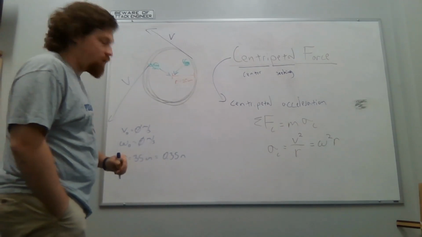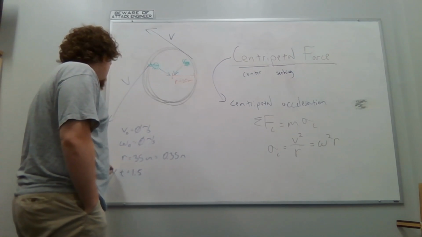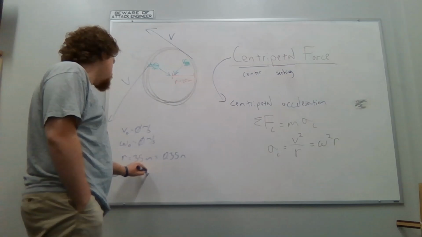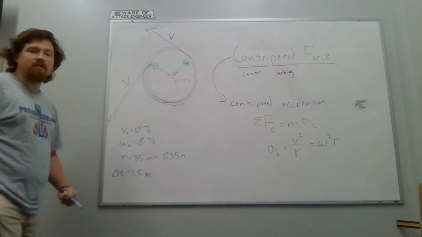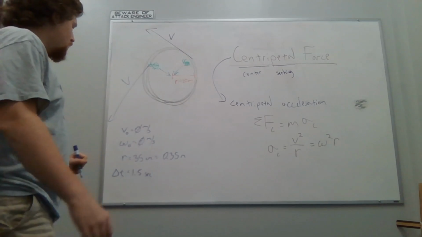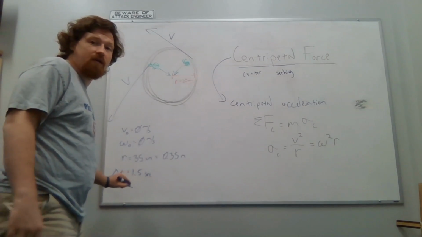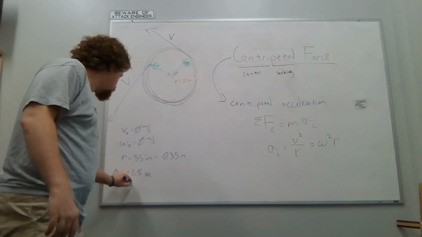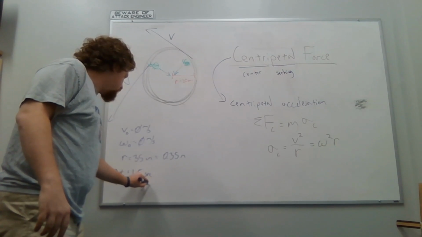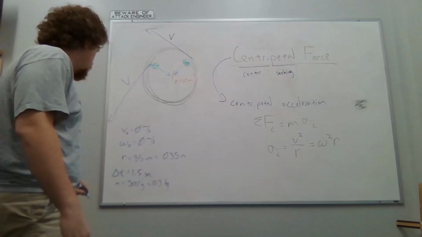And it took 1.5 seconds to get the sling spinning up to the speed that David wanted it. So our delta T is 1.5. We also know the mass of the rock. The mass of the rock is 300 grams. I'm going to go ahead and convert that to kilograms. It's going to be 0.3 kilograms.